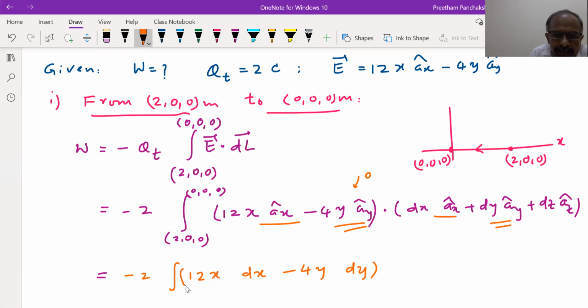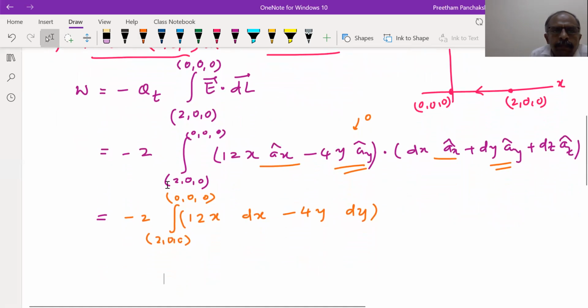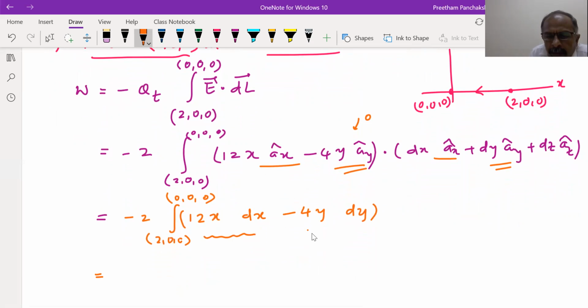As usual, the limits are the points themselves. Here we have two terms which are to be integrated with respect to different variables.